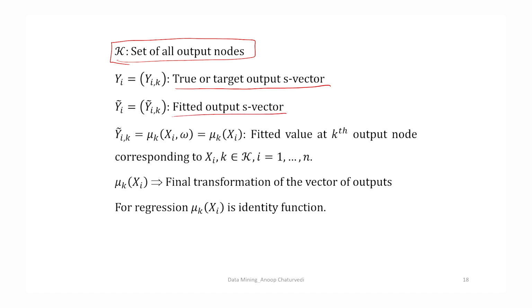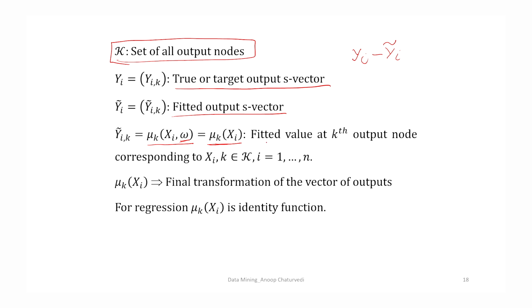So, what is error? The true value minus the fitted value. Then y_ik curl is equal to mu_k(x_i, omega), or you can write it as mu_k(x_i). Ultimately, mu_k is a function of input values as well as the parameters omega.